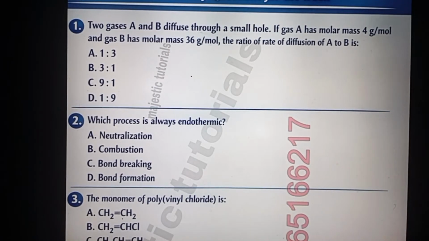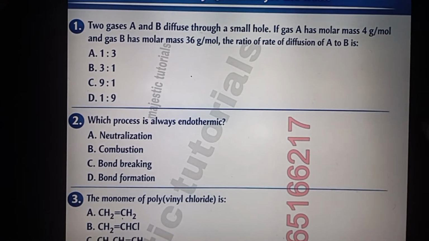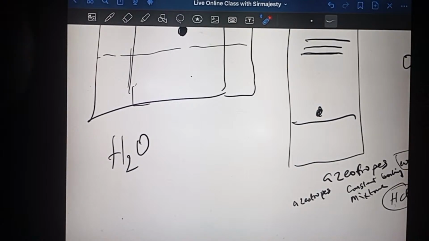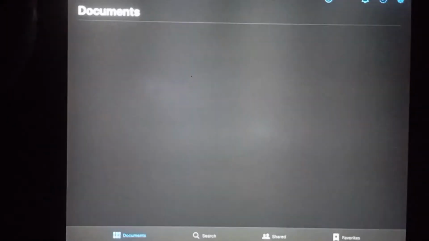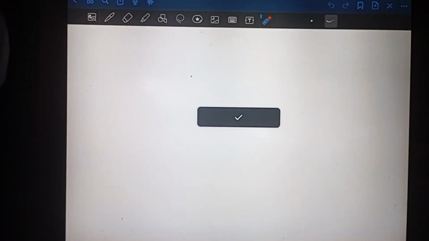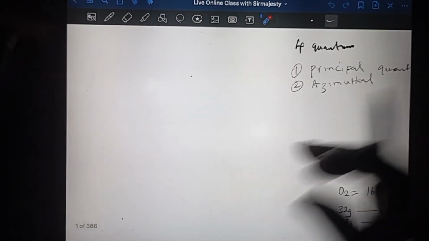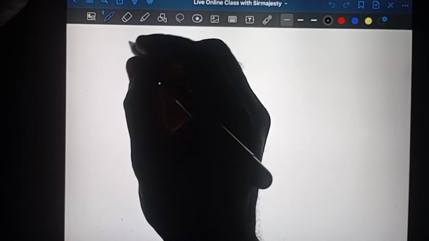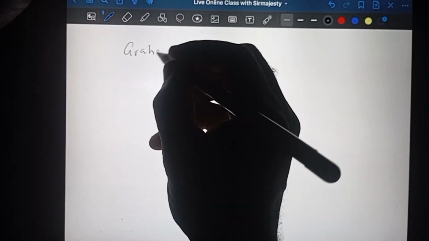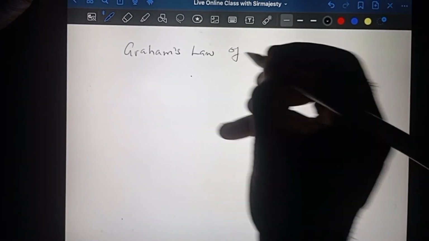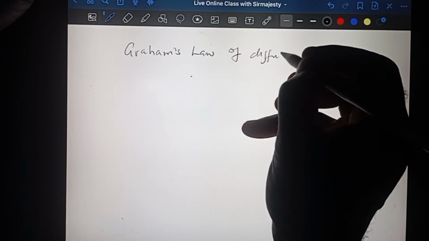which is the incorrect way. First, you need to use Graham's law of diffusion, and under that law we are expected to follow the mathematical representation of Graham's law of diffusion.